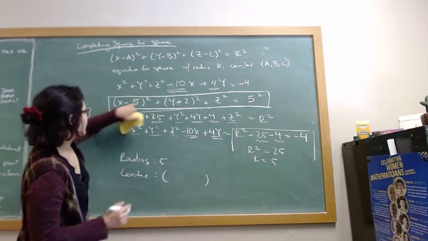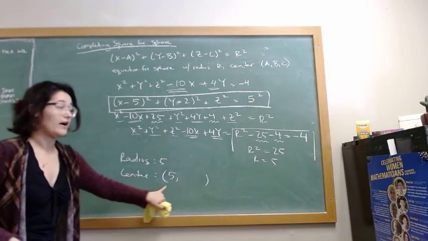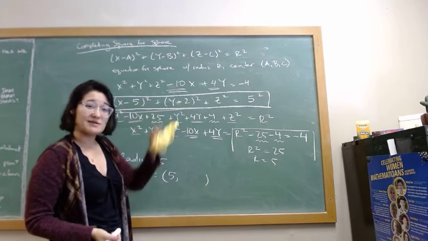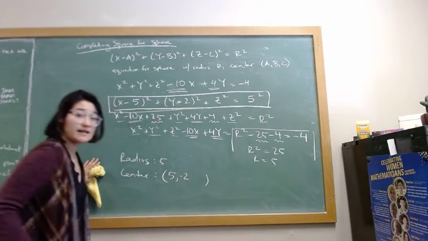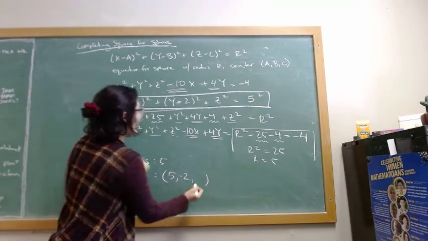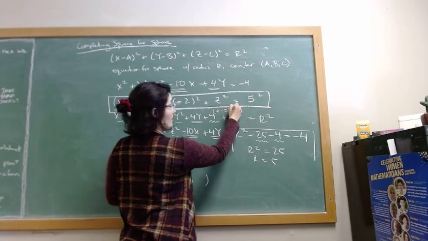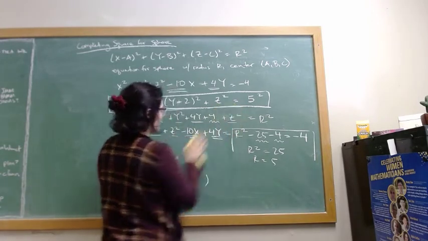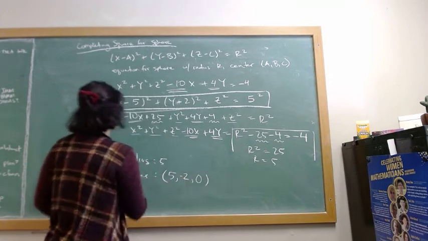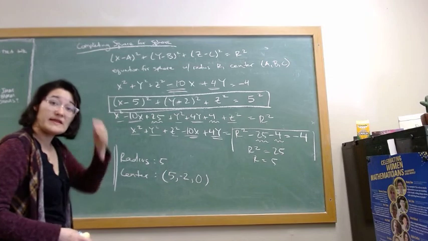So I have x minus 5. That means the x coordinate of the center is 5. x plus 2 is the same as x minus minus 2, so my center's y coordinate is minus 2. And z squared is basically the same as having z minus 0 squared, so the z coordinate of the center is just 0. And really this information is what you'd be asked for at the end of the problem.